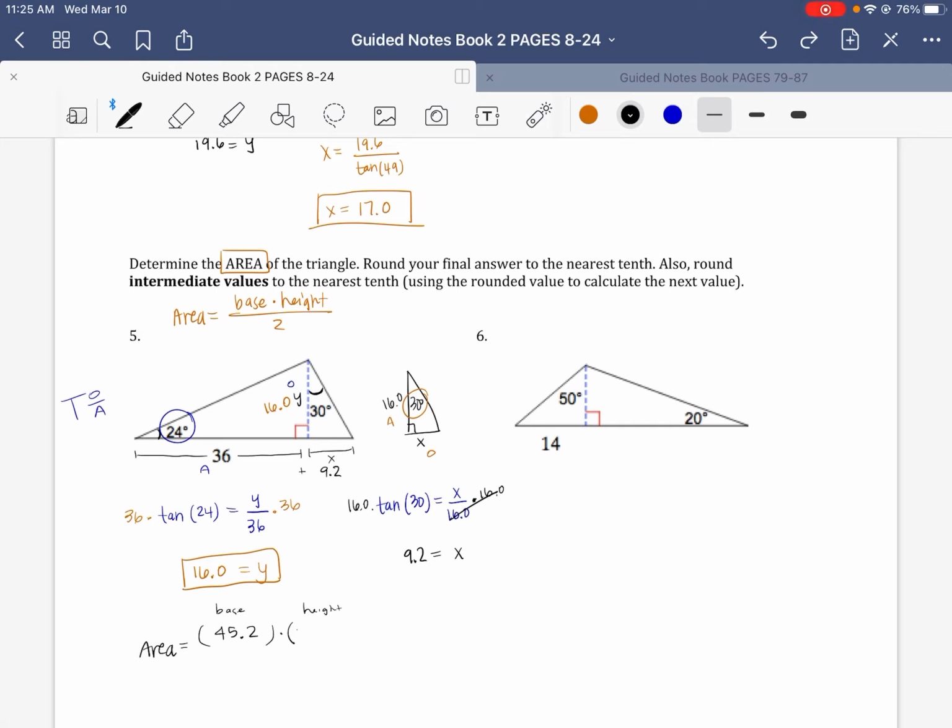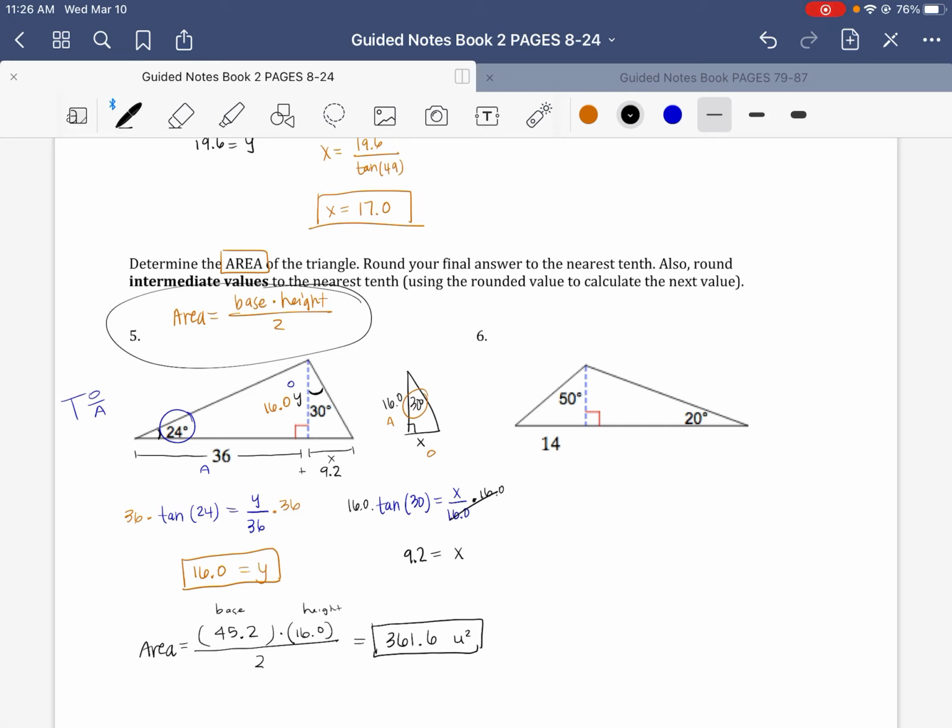And our height there we found was 16.0, or just 16, all over 2 using that formula that we talked about. And again, once we plug that into our calculator, we find out that the area would be about 361.6 units squared. And this one doesn't give me units, so I'm just going to write u squared. That just helps me know that it's area because the units are squared units.